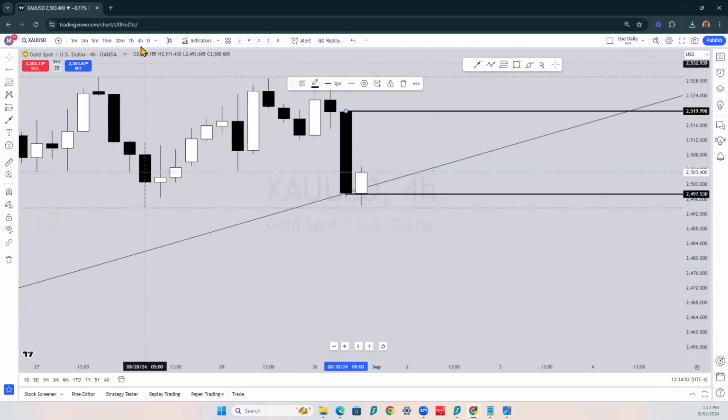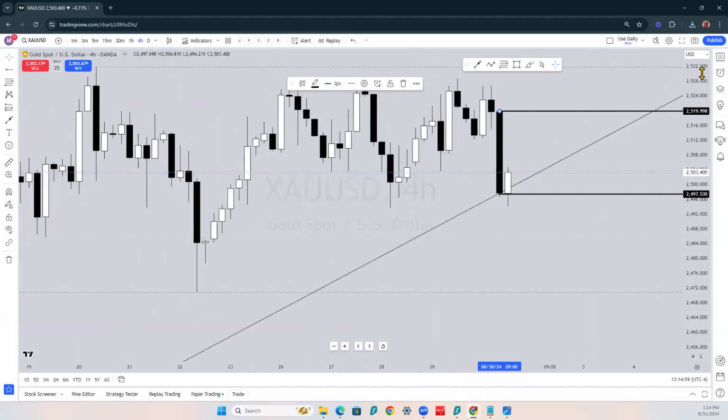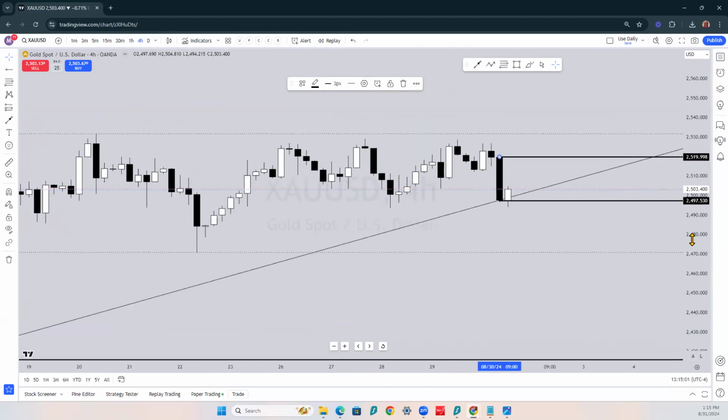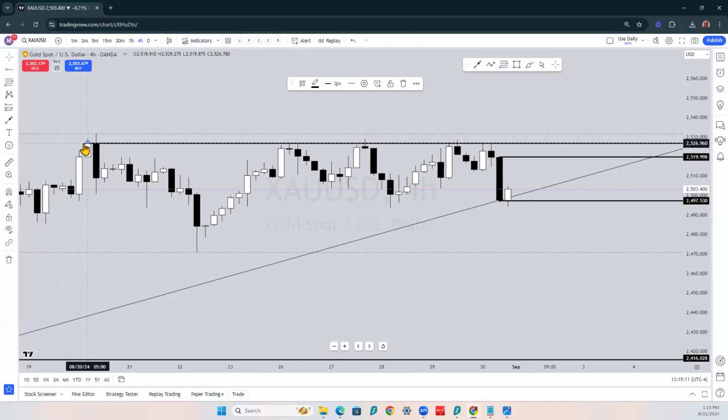Okay, I'm going to continue to go down to the lower time frames. As you can see, it's trading sideways, so it didn't make any higher highs. So if we put another line here, horizontal ray, it didn't make any higher highs.